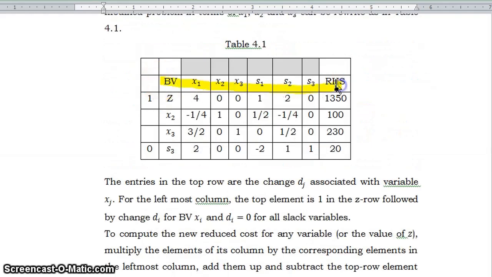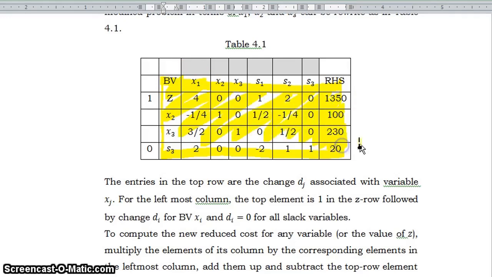This is the original optimal tableau of the TOYCO problem. Now when we make some changes to the coefficients of the objective function, we need to modify this optimal tableau. First, we add a new row on top of the tableau and a column on the left side of the tableau.